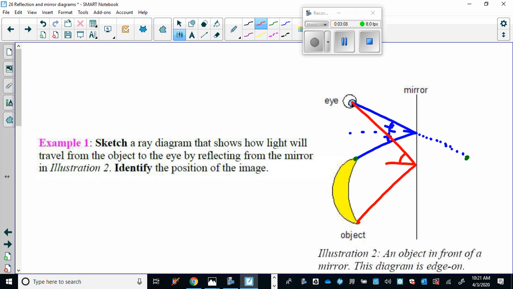Again, this angle here and this angle here are equal, and then we extrapolate that one back, and we get this point, and these points are equal. And then if you keep doing that, you'll get a green banana over here, which is supposed to be yellow, but I was too lazy to get the yellow color. So that's what a plane mirror diagram looks like, because it appears the image is behind the mirror.